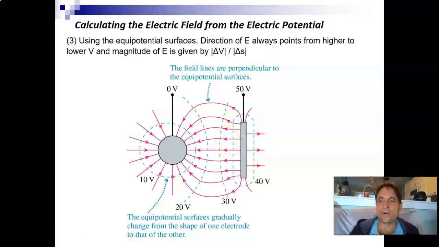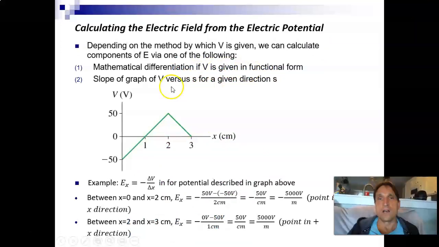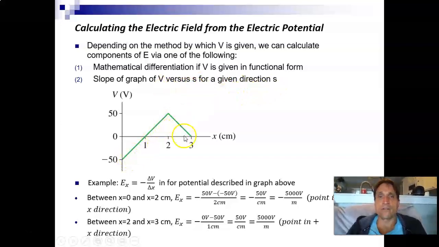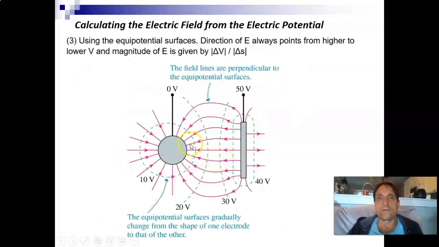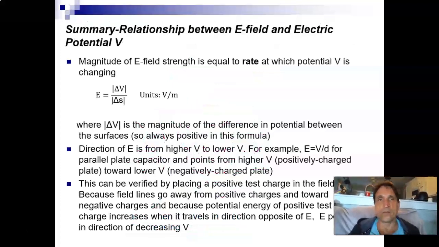So there are three different ways you should be able to get E if you know V: by differentiation if you know the functional form of V, by the slope of the V versus S graph if you're given the graph, or from the equipotential surfaces if you know those.